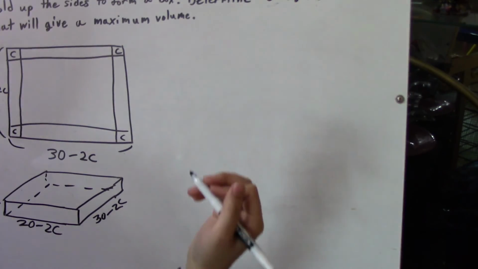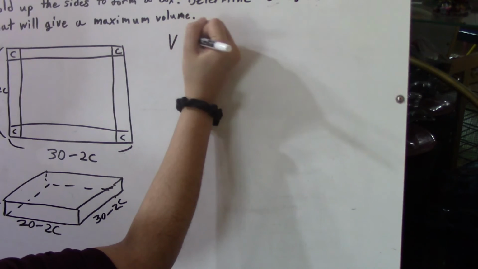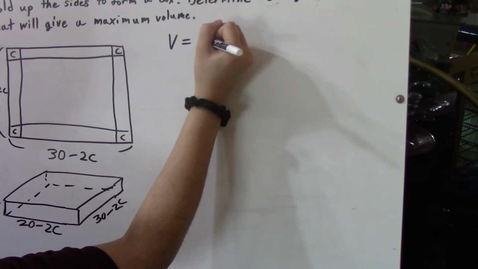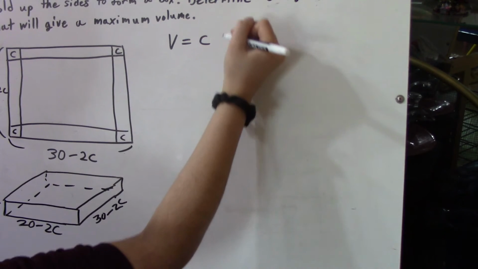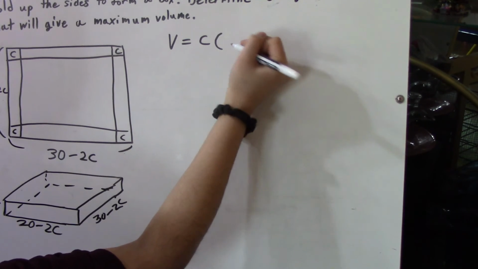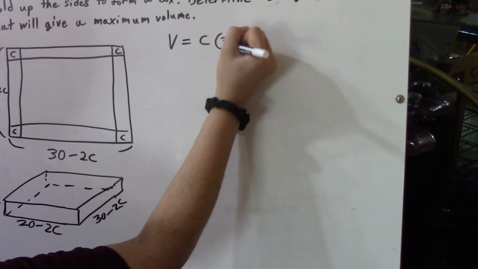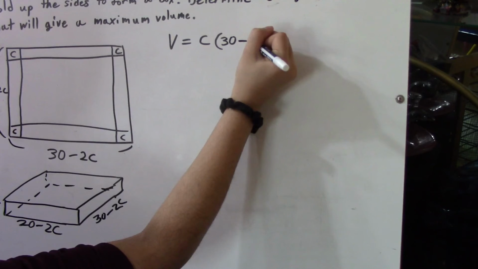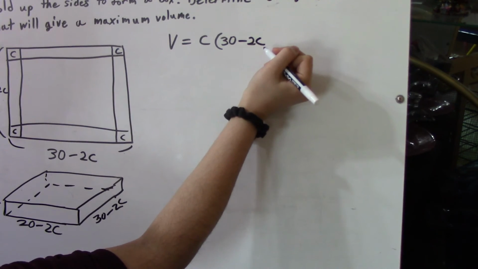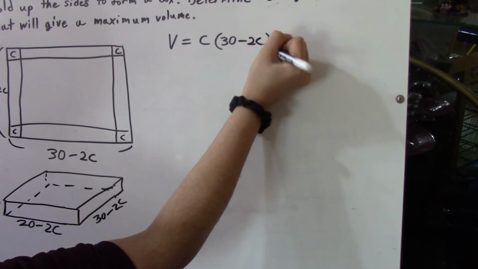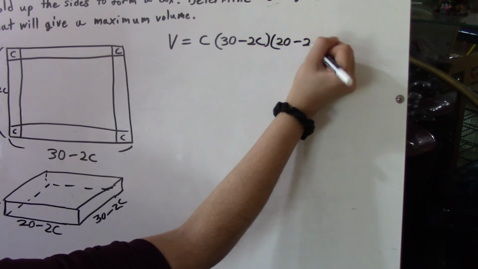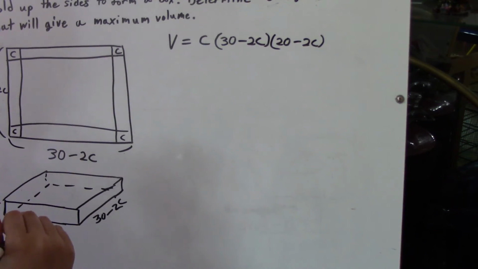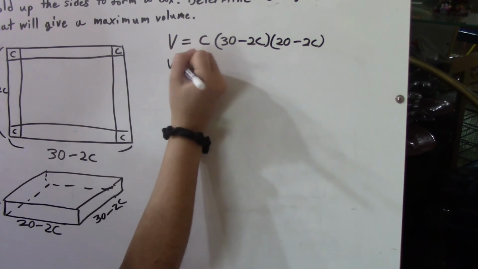Now we will find the volume of this box. V equals C for the height times 30 minus 2C times 20 minus 2C. Distribute the numbers.